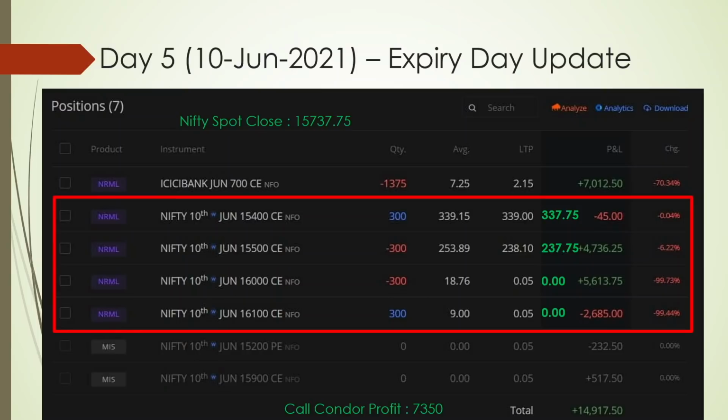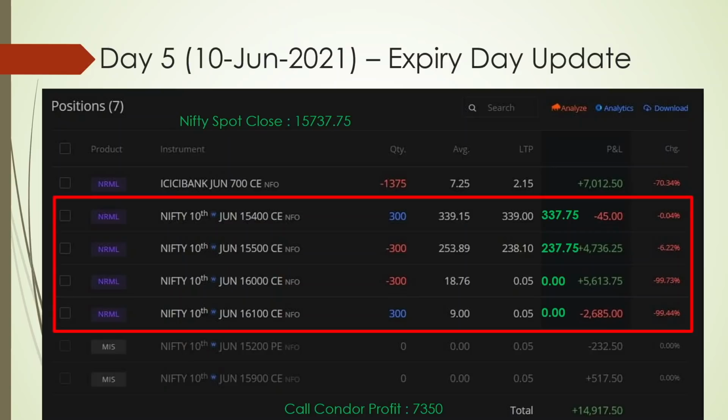If I am paying about 300 rupees and making a profit of 7,350 rupees, the charges are nothing. There is no need to worry about huge STT charges or exchange charges. It's nothing. 300 rupees is nothing when you make 7,300 rupees. Anyway, we will pay brokerage, right? The 350 that I am telling is including the brokerage.